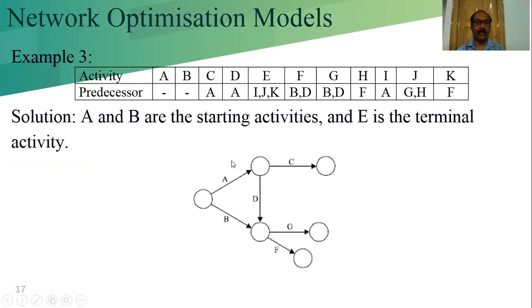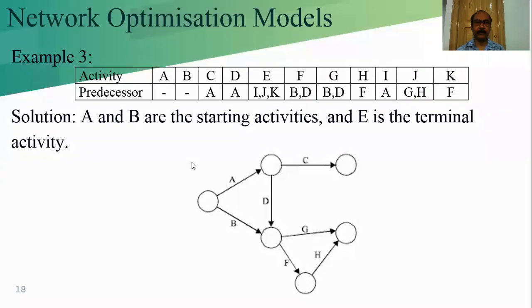C has the predecessor A. That part is complete. Now we move to the next. G and F is complete.